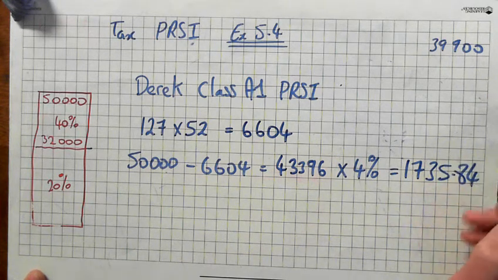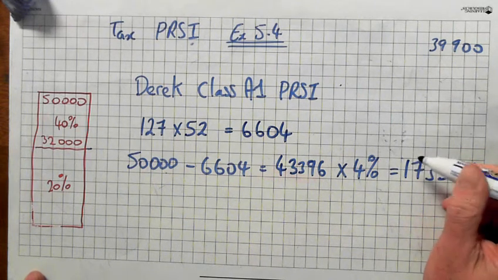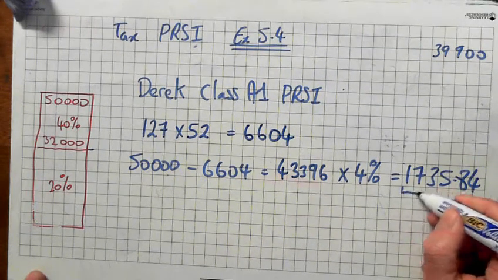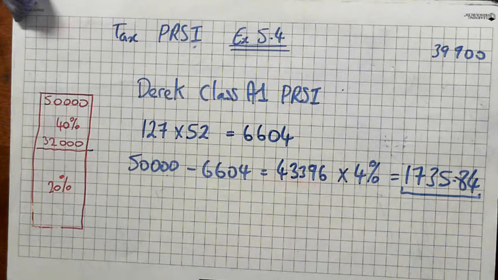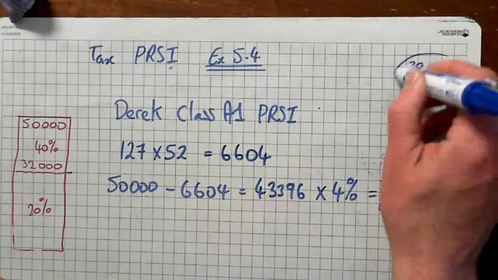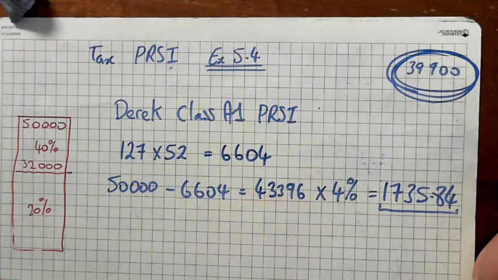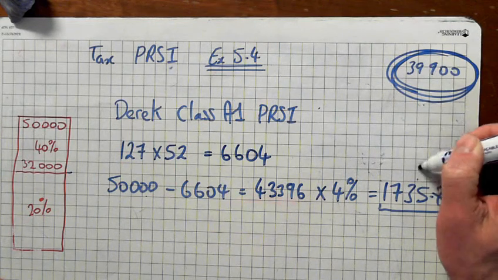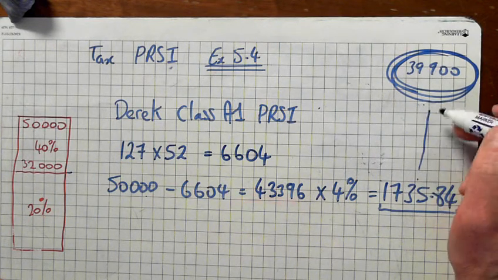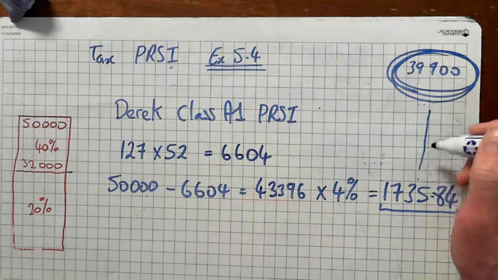So in the year, Derek is going to pay that much PRSI. Alright? So how much money does he take home? We already calculated that when the tax was taken off, this is how much money he was taking home. But we need to subtract the 1,735.84 as well.